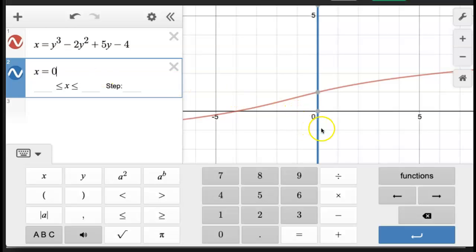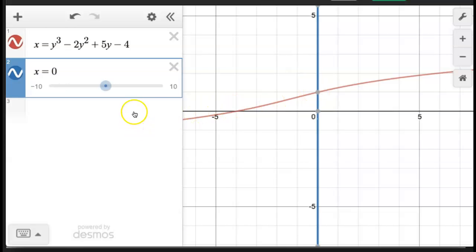Well, when x equals 0, that's just the y-axis, right? That's where x equals 0. And so we're interested in this point of intersection, and notice that when x equals 0, y equals 1. So 1 is a rational root to the given equation.